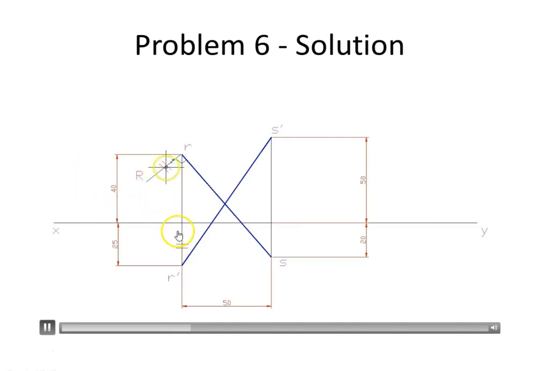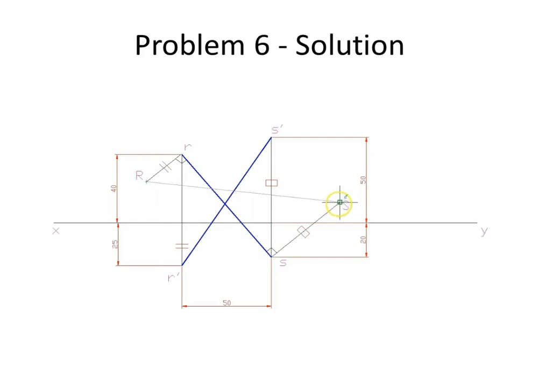So you take the corresponding distances, that is for R, you take the distance from R dash, and for S, you take the distance from S dash and project perpendicular and join capital R and S. So that's the angle of inclination with HP.